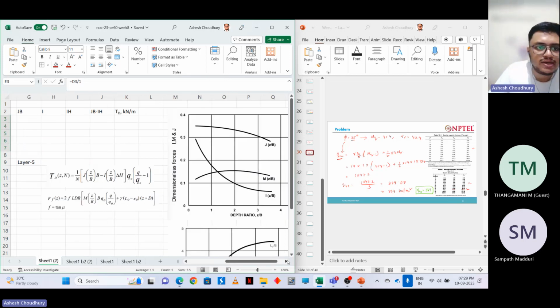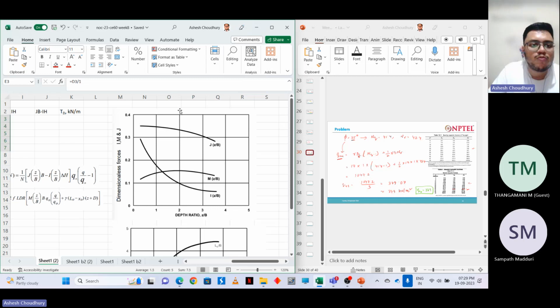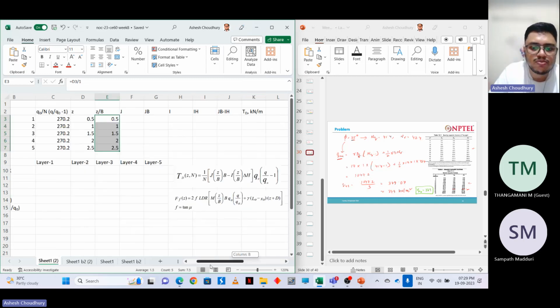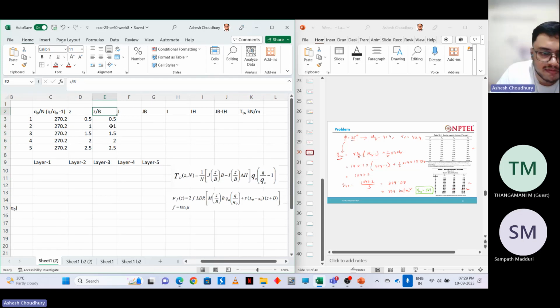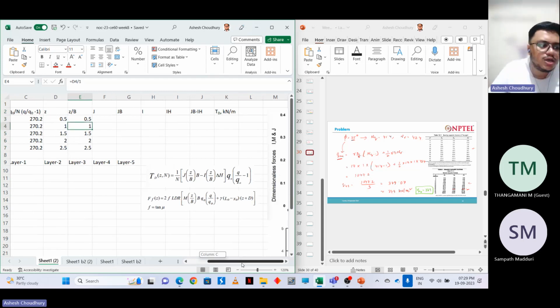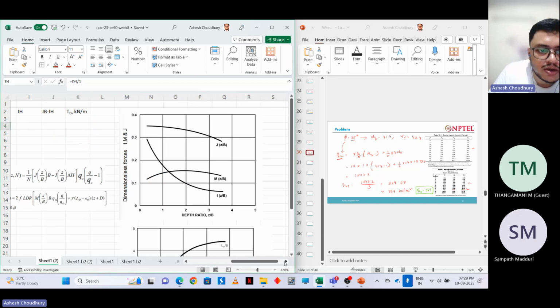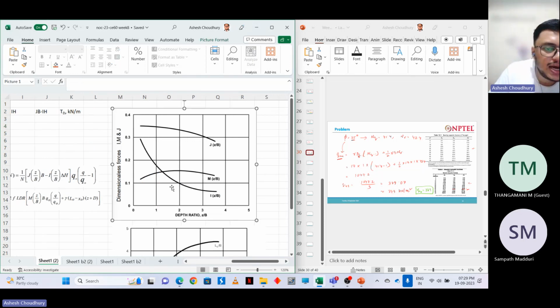For Z by B 0.5, 1, 1.5 to 2.5, we can get from this graph. For 0.5, J we can take approximately 0.35.